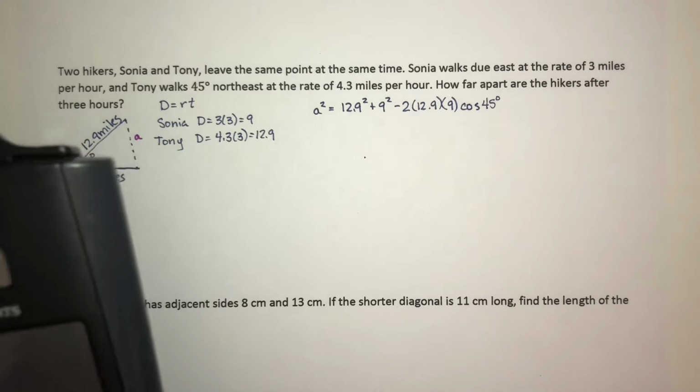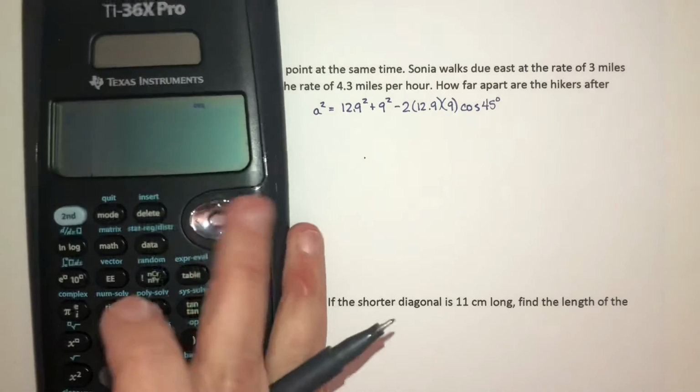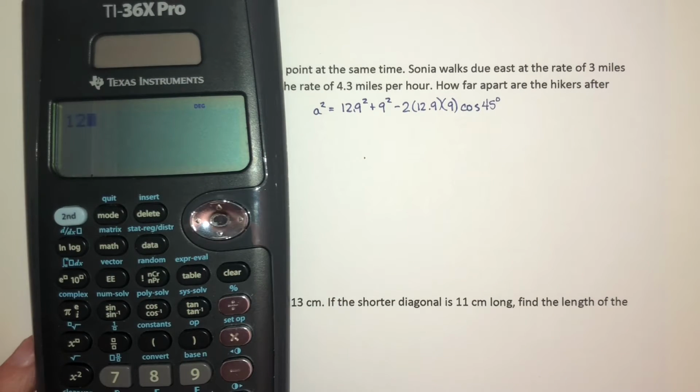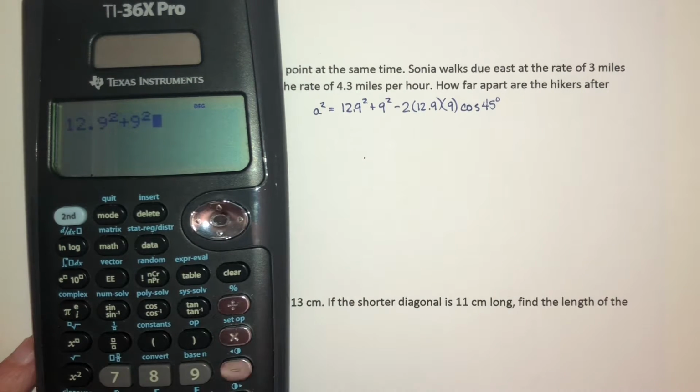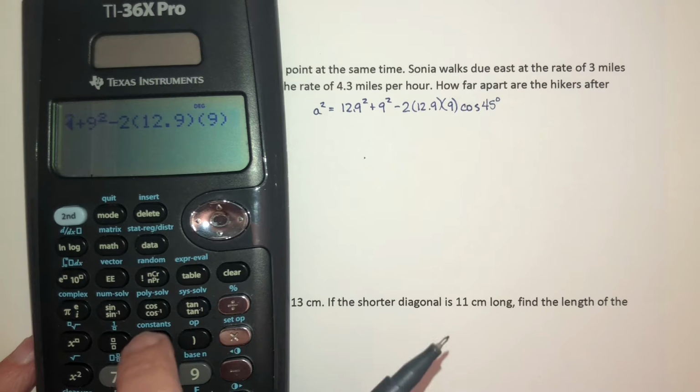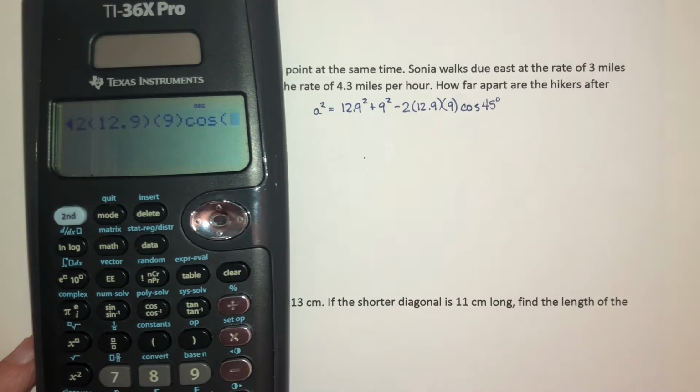Okay, so let's enter this, and we get 12.9 squared plus 9 squared minus 2 times 12.9 times 9 times cosine of 45 degrees.